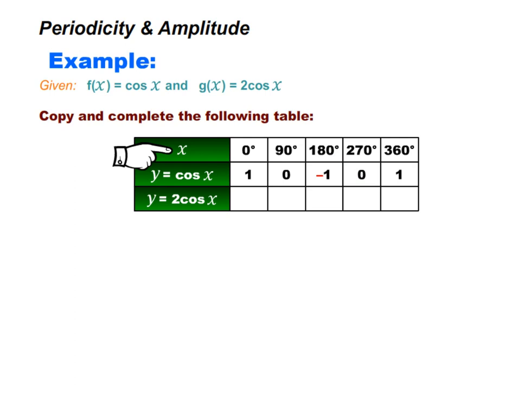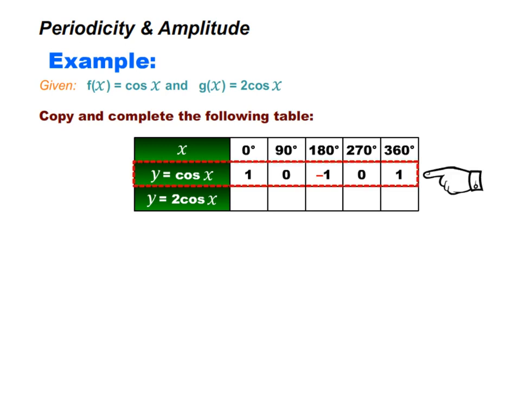When x is equal to 0 degrees, y will be equal to 1. When x is equal to 90 degrees, y will be 0. By looking at the second row of our table, we can tell that the smallest y value is -1. We say the graph of y is equal to cos x has a minimum value of -1.